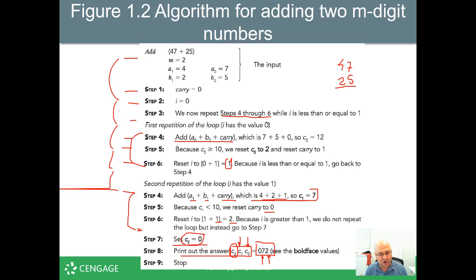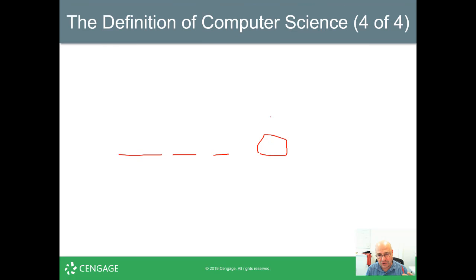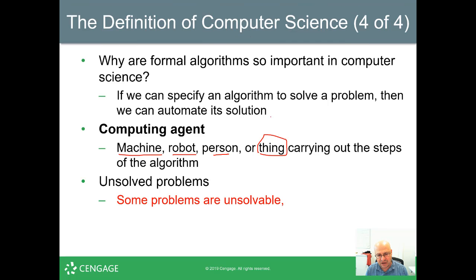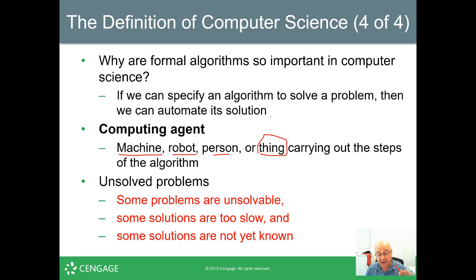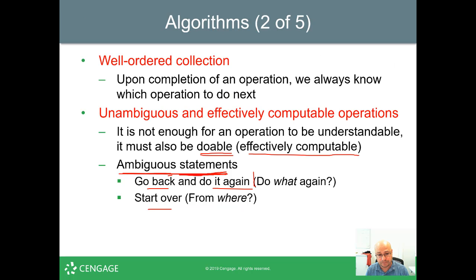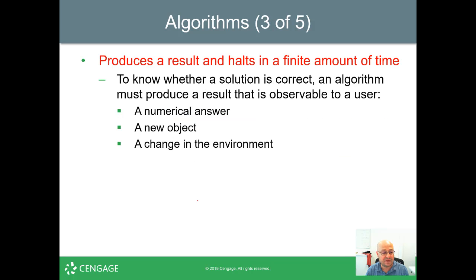Repeat what, for how long. You should be as specific as possible with your statements, right? Where you start, what you repeat, and for how long, how many steps you have to repeat. And it must also produce a result and halt in a finite amount of time.